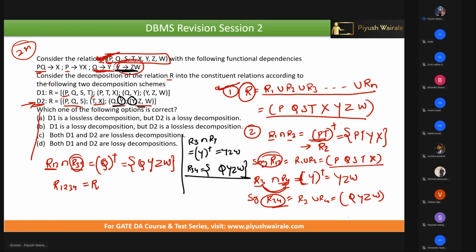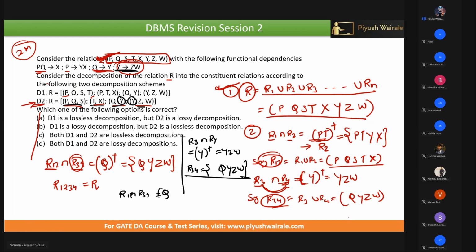After that, what do we need to do? R1, R2 is remaining. How to proceed? Intersection with R1, because Q is common. Okay, because Q is common, we can take R1 intersection R34, right? So that is basically Q is common.